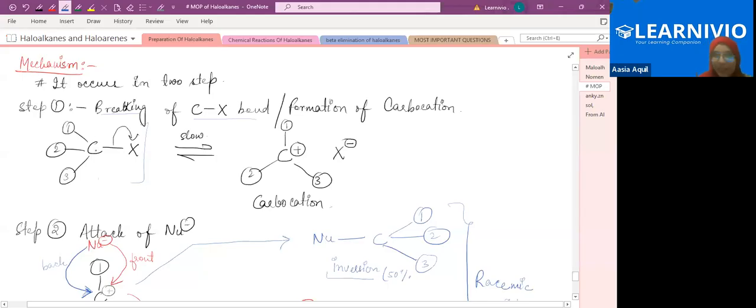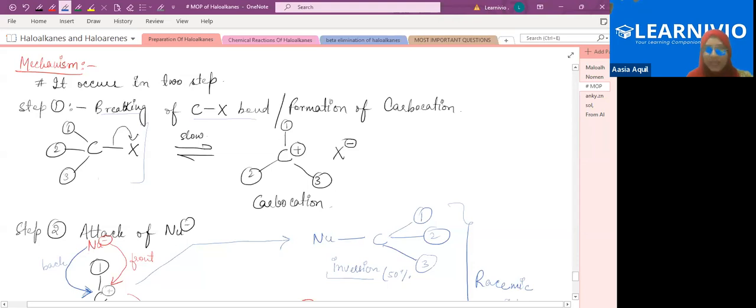The first step is the breaking of the C-X bond. Suppose there's a molecule C-X, where X is any halogen attached, and 1, 2, 3 I have written for ease of understanding. Suppose 1, 2, and 3 are any groups attached to this carbon, say CH3, CH3, and CH3.